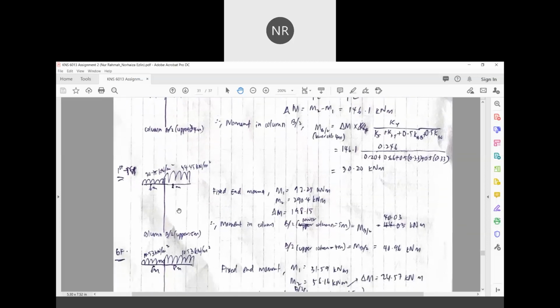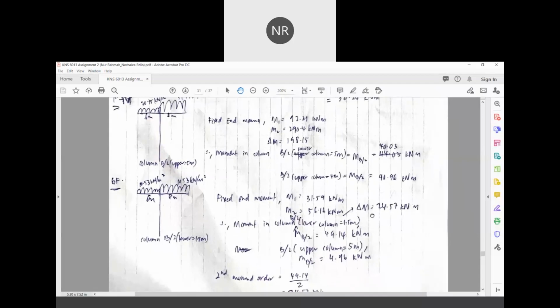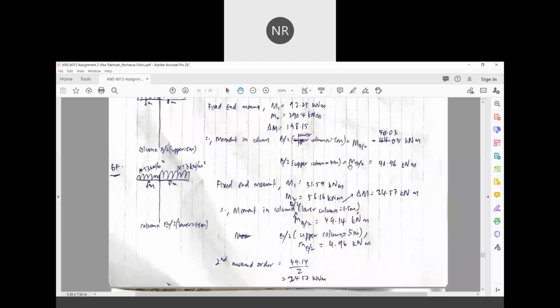And at the first floor, our moment is equal to, for the lower column, the 5 meter column, 40.03 kilonewton meter, and the moment for the upper column, 4 meter, is equal to 40.96.